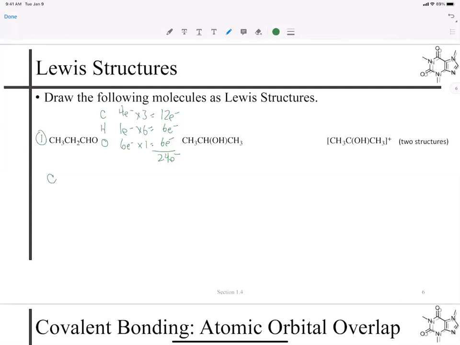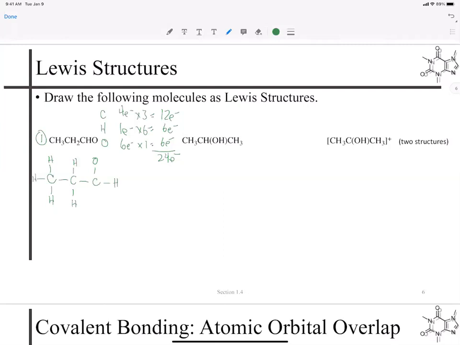And so I know I have a carbon here. I know it has 3 hydrogen atoms attached to it. That's the CH3. And now I have a CH2 group, so this carbon is attached to the next carbon, and there are 2 hydrogens attached to it. And then I finish off by saying this carbon has a hydrogen and an oxygen atom attached to it.